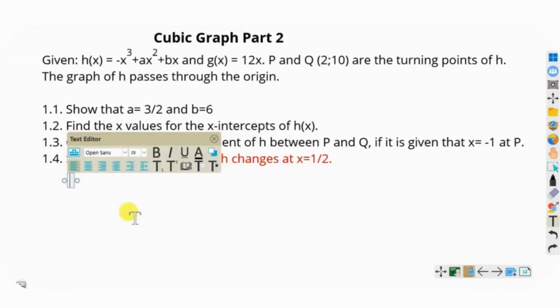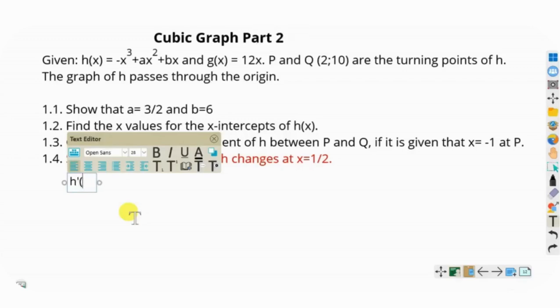At that point where the graph changes concavity, you get it by taking two derivatives: you equate the second derivative to 0 and solve for the value of x. Okay, let's do that. We'll start with the first derivative.